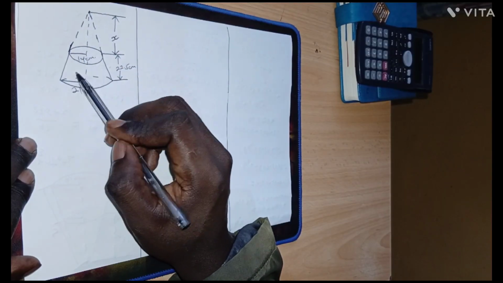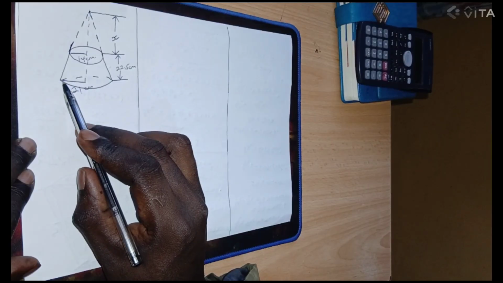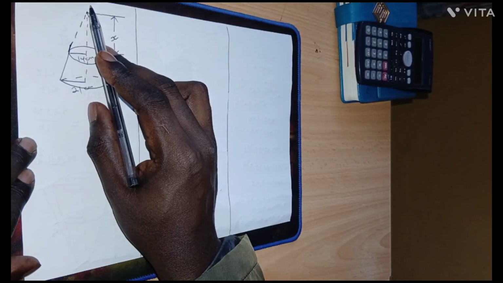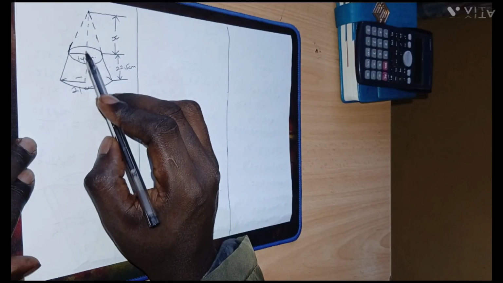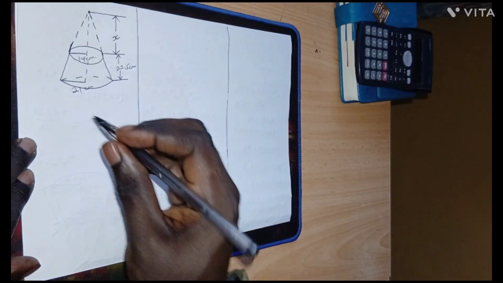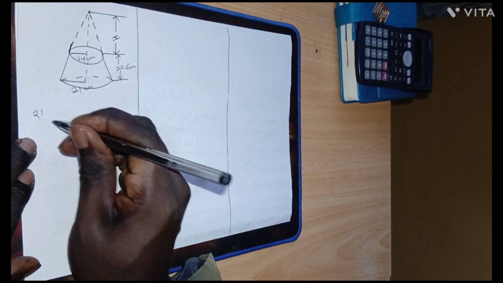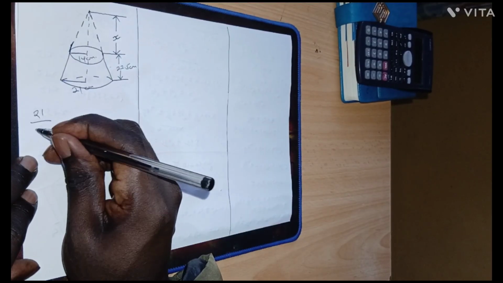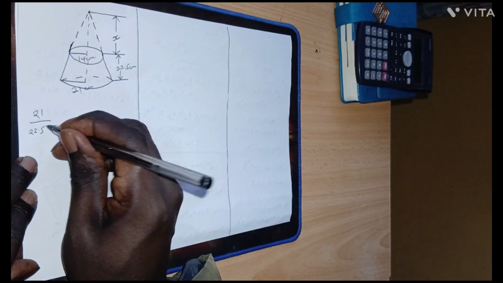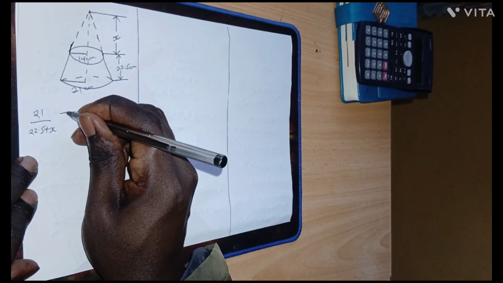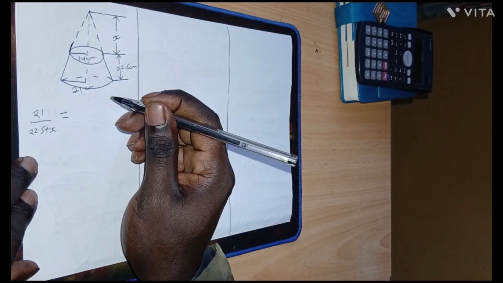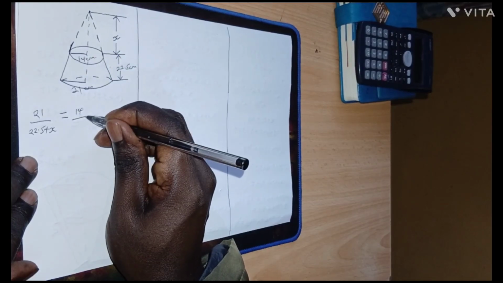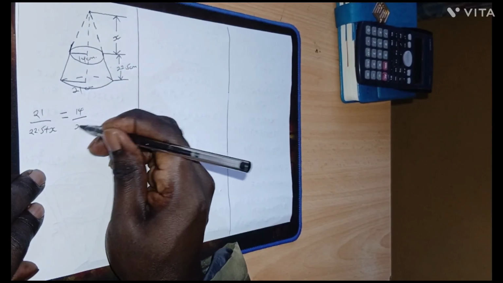So they are proportional to each other. So we can say the base over the height of the large one is proportional to the small one's base over the height. So 21 centimeters over the height of the large one, which is 22.5 plus x, is equivalent to 14, which is the small one, over x.